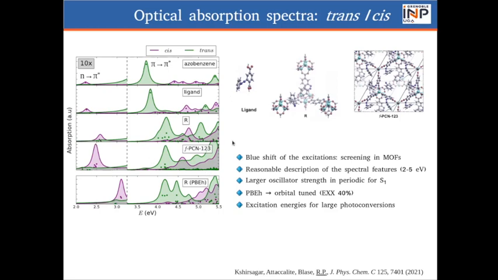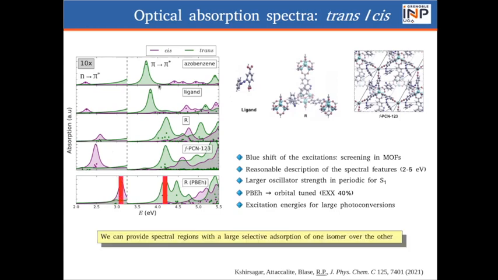Now, what is interesting is this very intense band in the full MOF that's not present in the molecule, in azobenzene, in the ligand, and that comes from the wave function, because the same trend is found when using independent particle absorption spectra. And then here we use this orbital-tuning, in which the amount of exact exchange is 40%. So we have this shift in the energy.